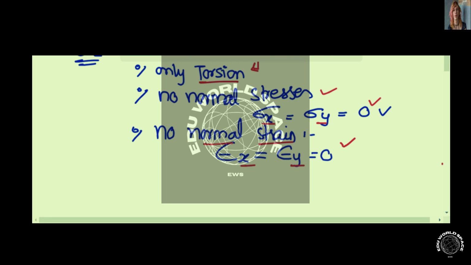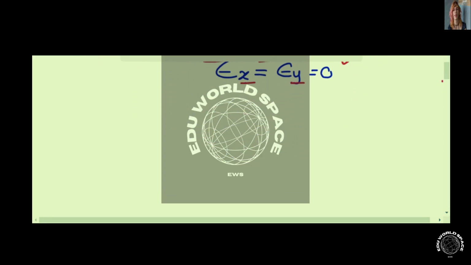Now, as the statement's interpretation is out of the way, we can jump to the solution, right? What we are going to do first is write the strain rosette equation for 45-degree, right? So that is very simple.